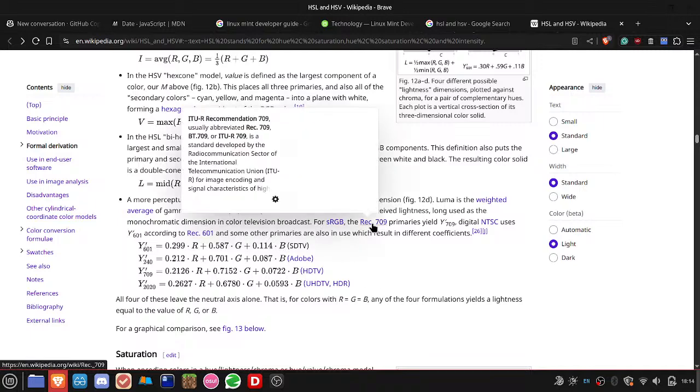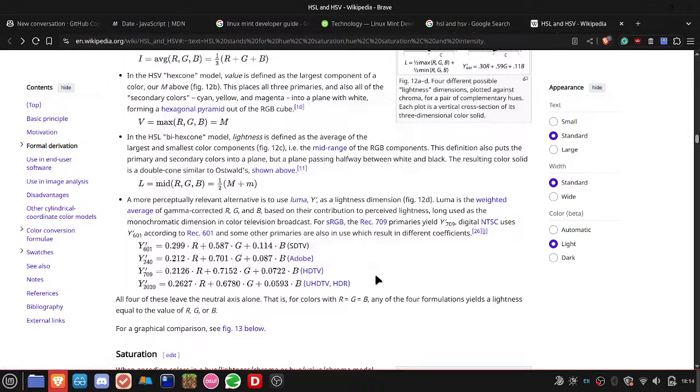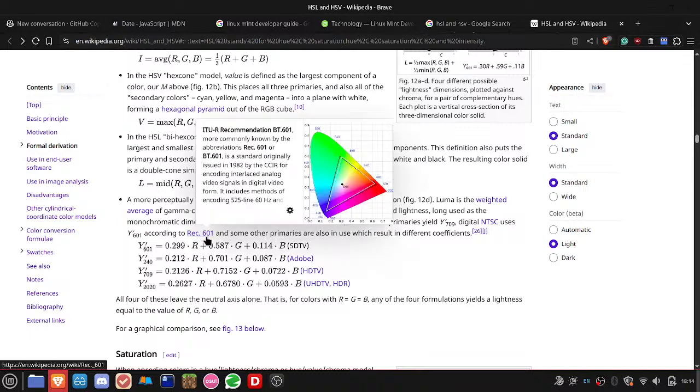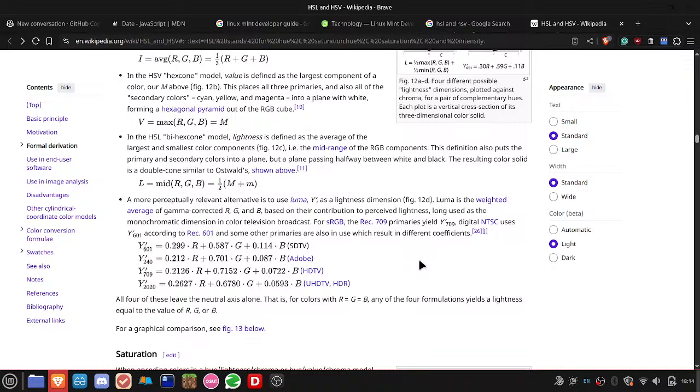What is REC 709? ITU-R Recommendation 709, primary is Y prime 709. Digital NTSC uses Y prime 601 according to ITU-R Recommendation BT.601, and some other primaries are also in use, which have different coefficients.